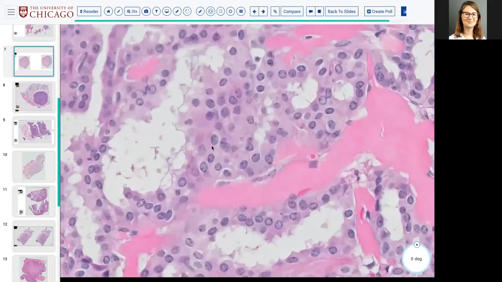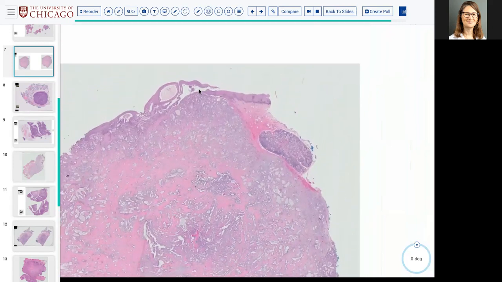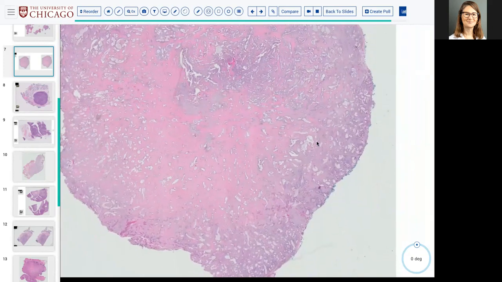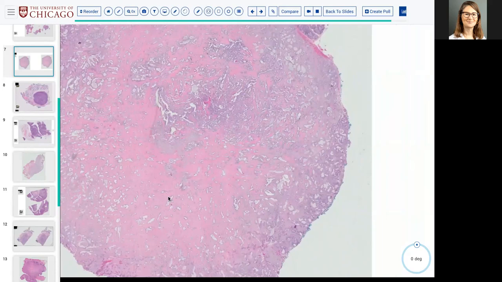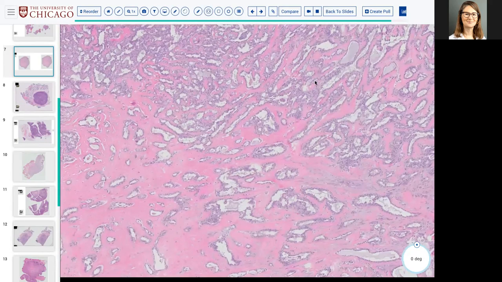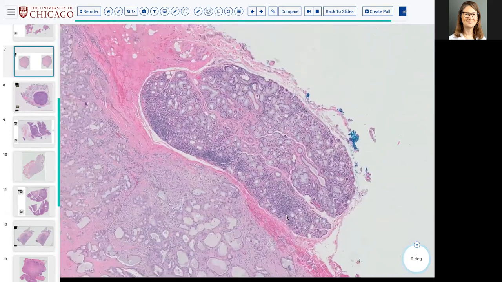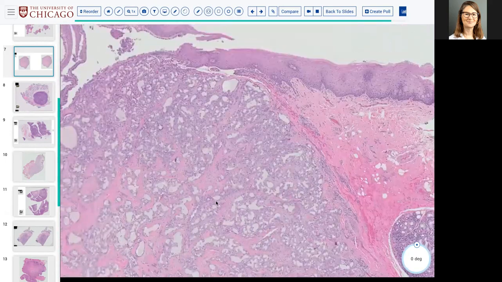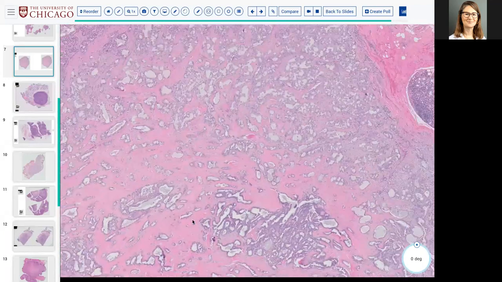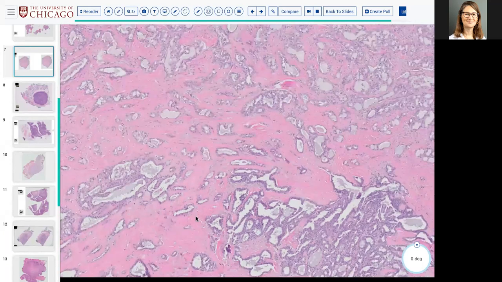Okay, so let's back up a little bit. One, when we talk about invasion in salivary gland tumors, we always have to remember that there can be deposition or production of stromal material by the tumor. So I'm not saying that this isn't malignant. I think eventually this is malignant, but I would caution a little bit on the use of the term invasive, where this central material may be intratumoral collagen deposition.